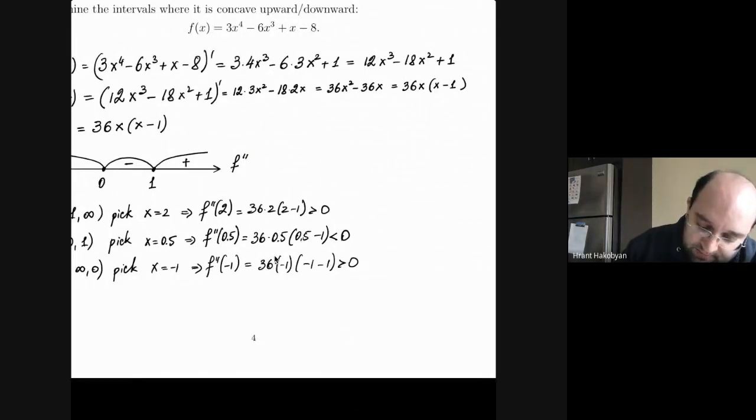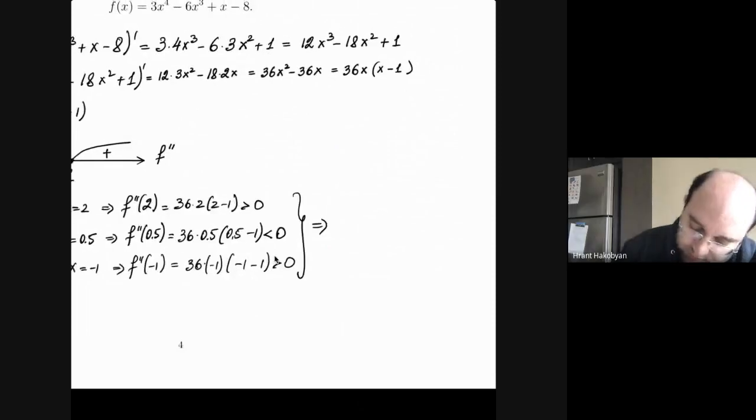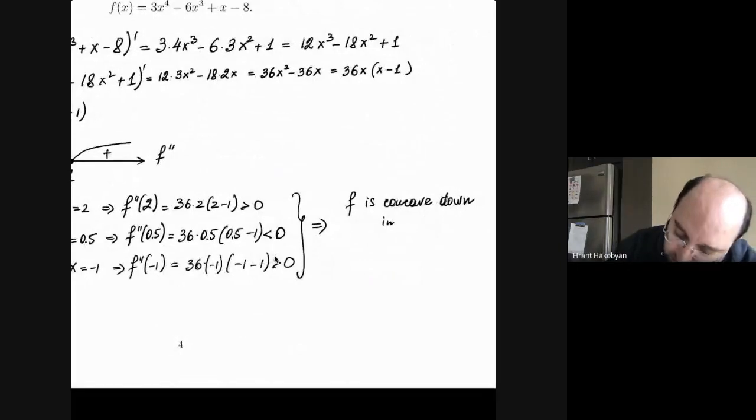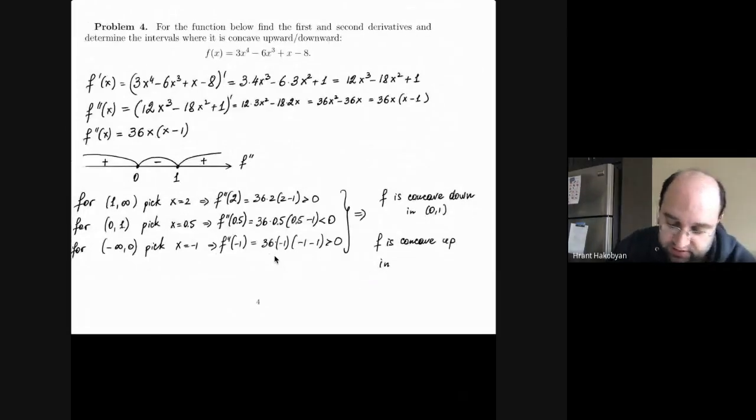So what does that mean? That means that f is concave down in this interval 0 to 1, and f is concave up in the places where the second derivative is positive.